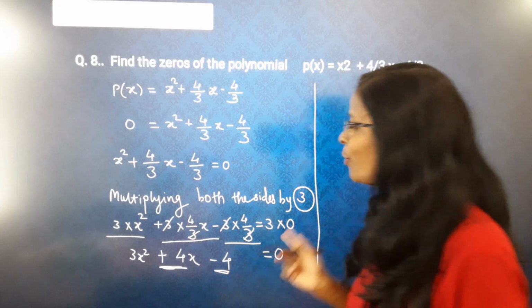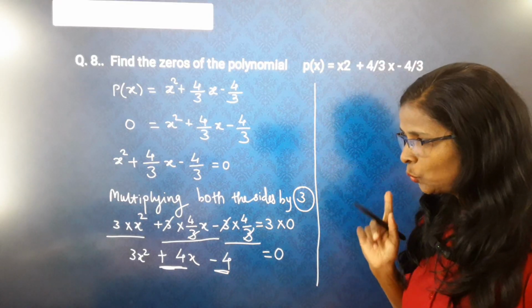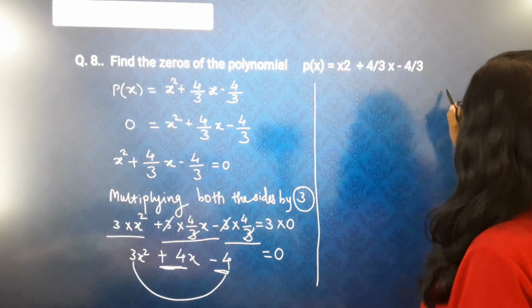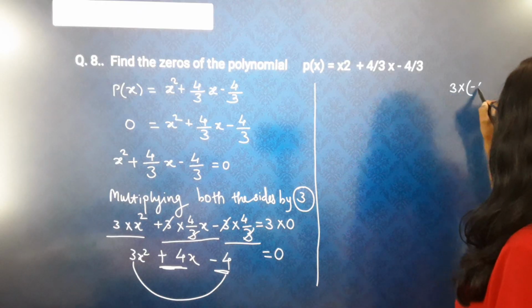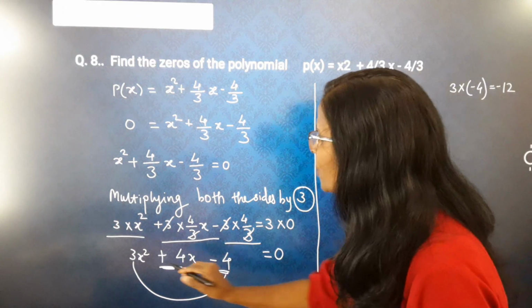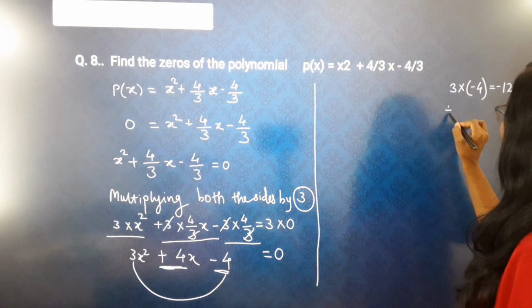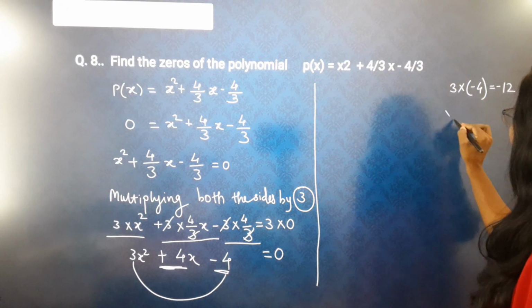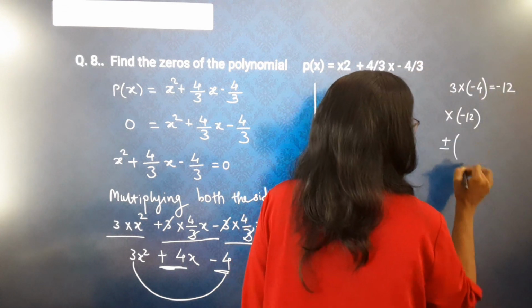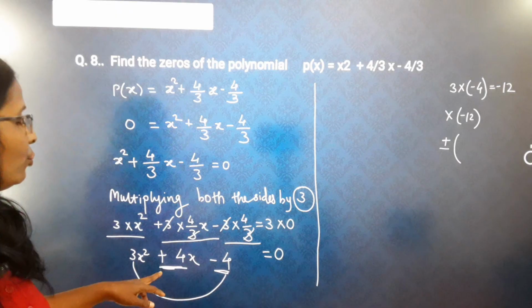So we want to find factors such that their product will be minus 12, and their addition or subtraction will be the positive 4.